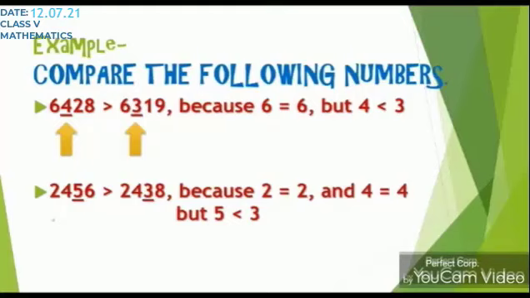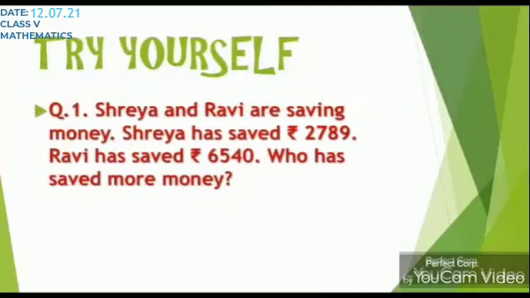Moving towards their right, we have 4 in both of these numbers. Moving towards their right, we now have 5 in the first number and 3 in the second number. So when we compare 5 and 3 together, it is clear that 5 is the greater one. 2456 is the greater number.